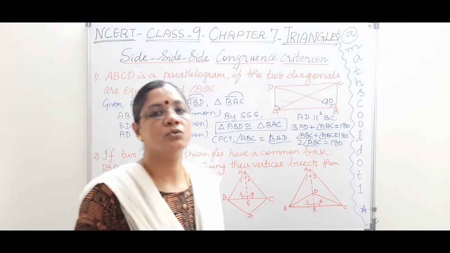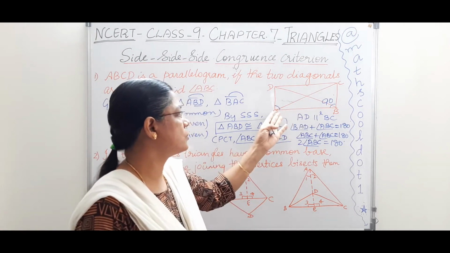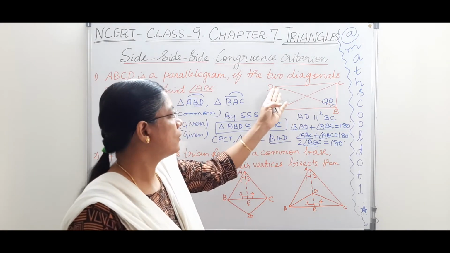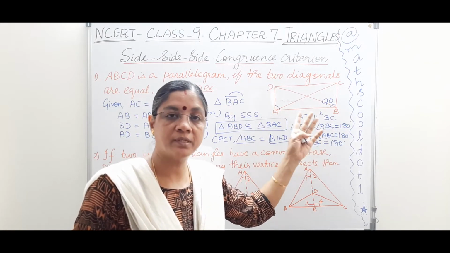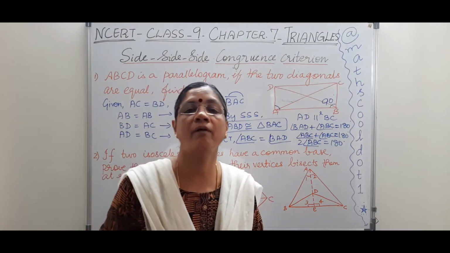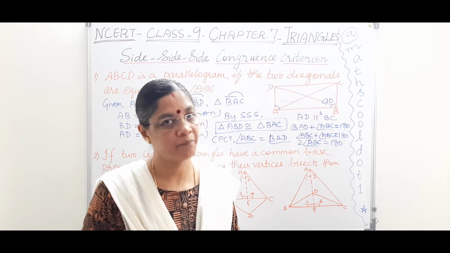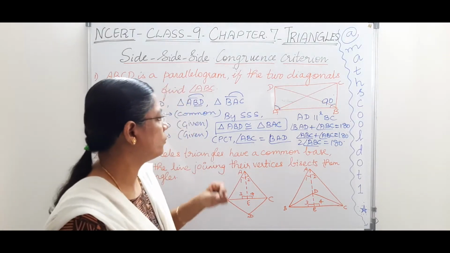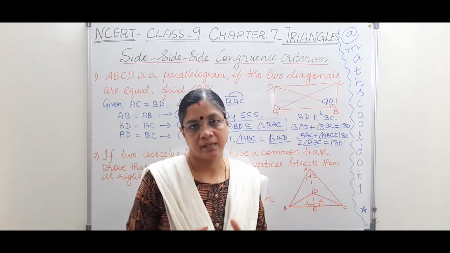Isn't it? So this is 90 degrees, and similarly we can prove this also to be 90 degrees, and opposite angles are equal in a parallelogram. So 90, 90, everywhere 90 you have. So this is obviously a rectangle. ABCD is a rectangle. So that is how we find out the angle ABC using the SSS criterion.